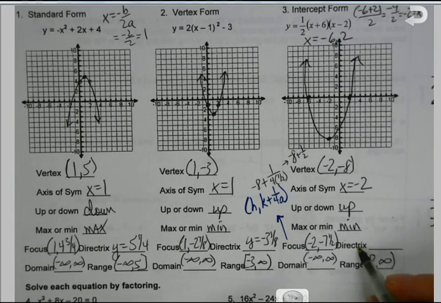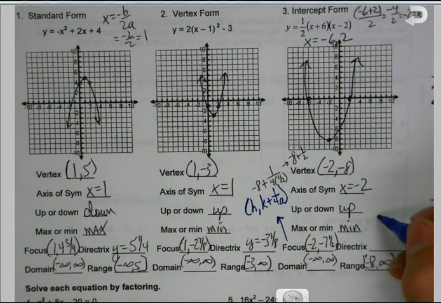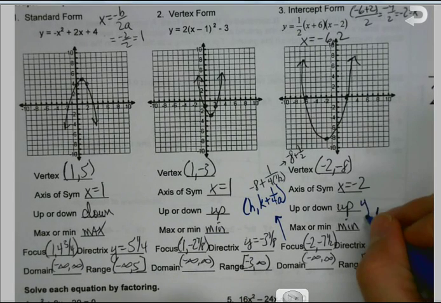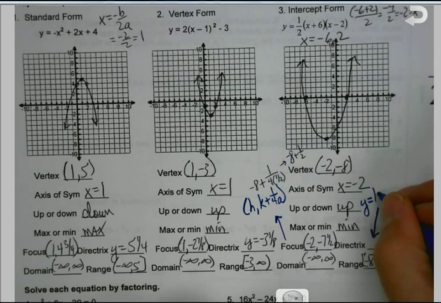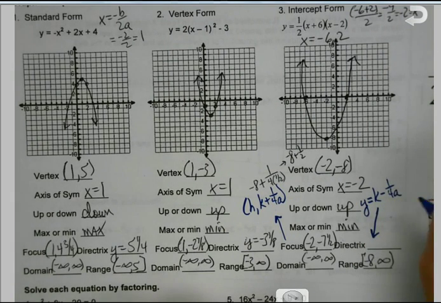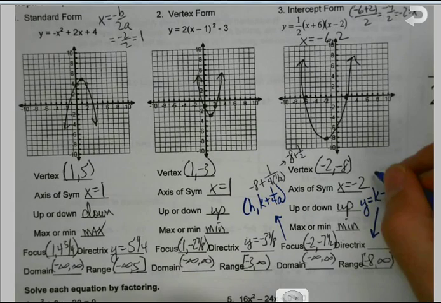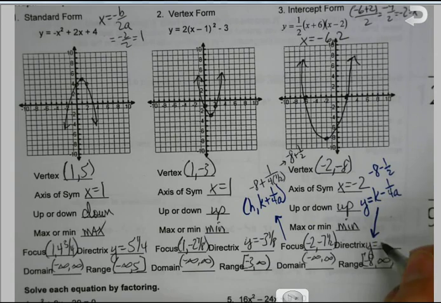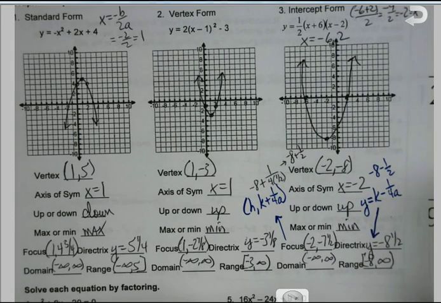My directrix then, and I'll talk to you again here in a minute about how you might be able to come up with a shortcut for not having to do the work related with this one. But this is going to be the same as my y over here, except it's k minus 1 over 4a. So in this case, that would be negative 8 minus 1/2, which would be y equals negative 8 1/2.